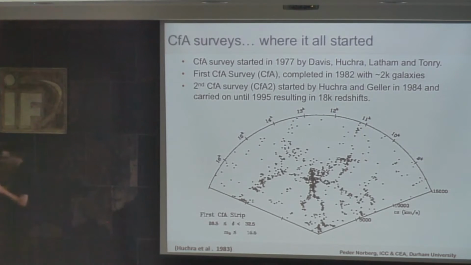It looks like a pie diagram where you show the galaxy positions along how far away they are from us. Here it is given in kilometers per second, whereas nowadays we mostly do it in redshift directly. And here is right ascension on the sky, and it's a projected distribution.